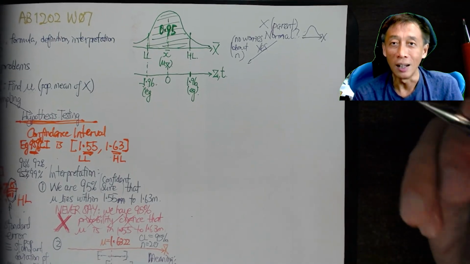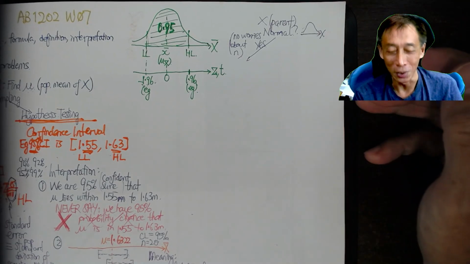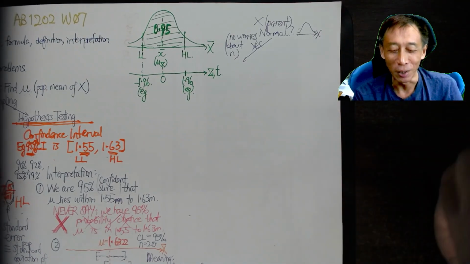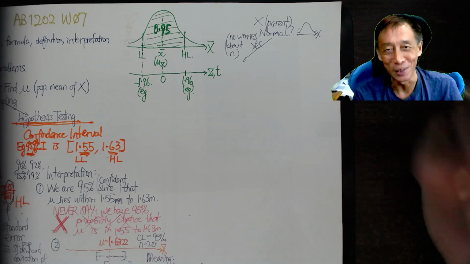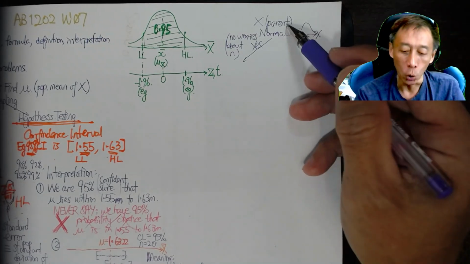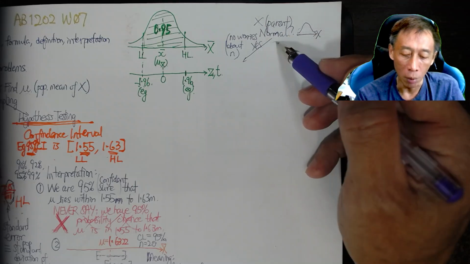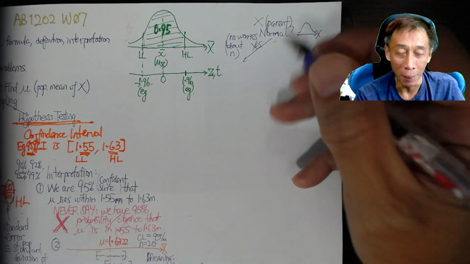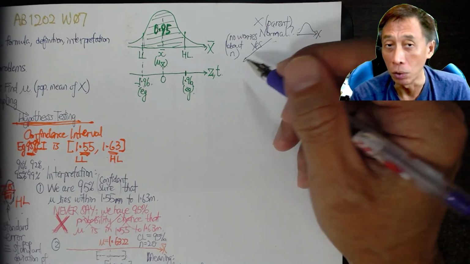So, you know, hard work is no longer that important, because parents are already rich. Something like that, just to help the memory. So if we do know that the parent is normal, then we don't really worry about sample size. We don't have to ask that question.